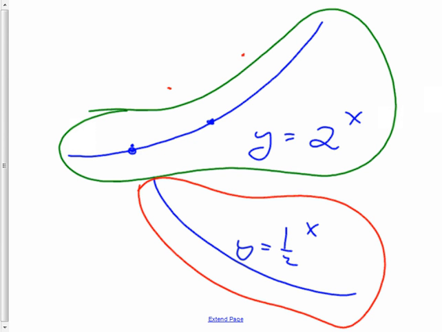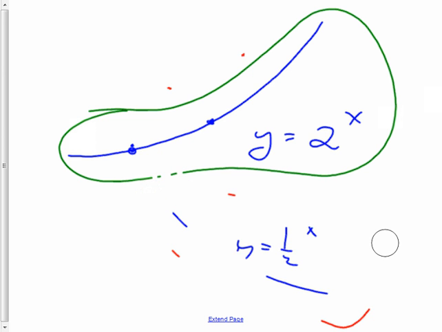Okay. Now, if we just take a growth one, and let's say that we use this one that I circled and say that it's 2 to the x is the parent one, then what do you need to know from me to know if the thing just got moved up, or whether it got moved and stretched, or, how are you going to be able to tell? The original points, okay?